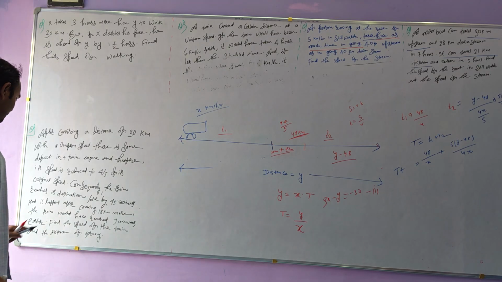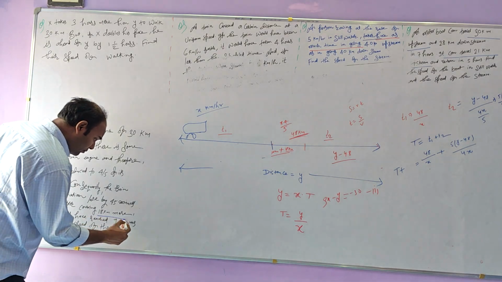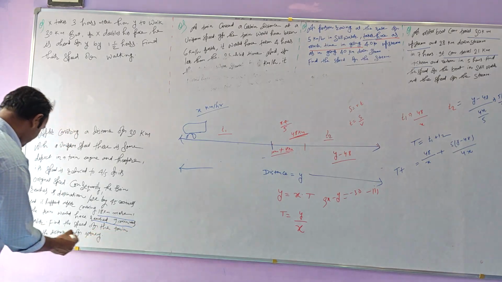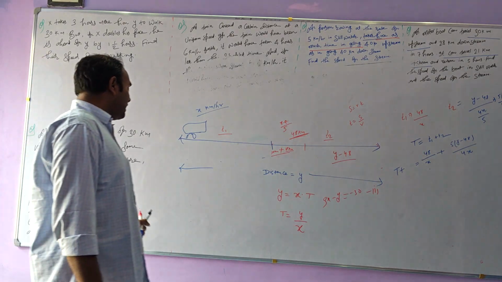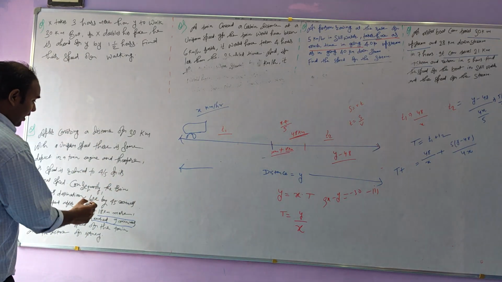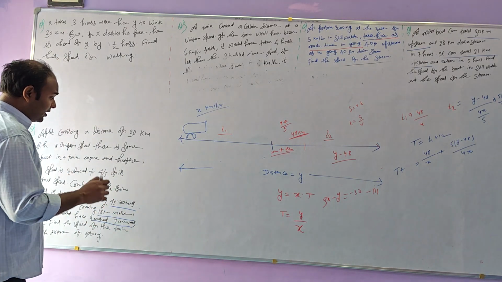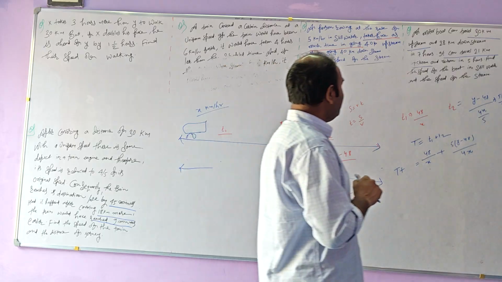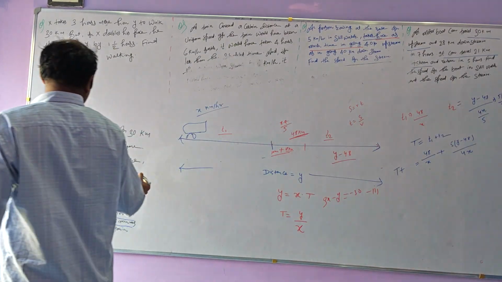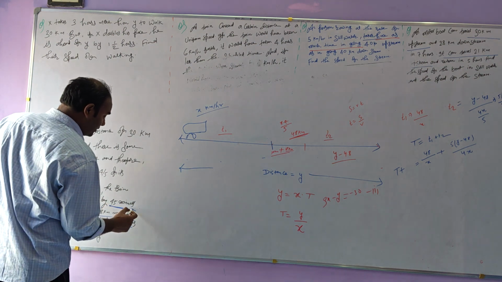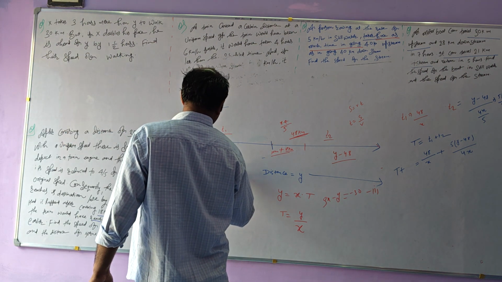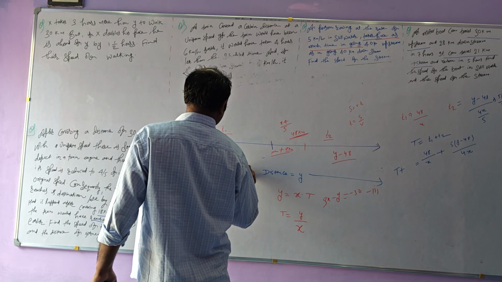Had it happened after covering 18 kilometers more, the train would have reached 9 minutes earlier. 9 minutes earlier from what? From 45 minutes, not from the scheduled time. When we subtract 45 minus 9, we get 36 minutes.